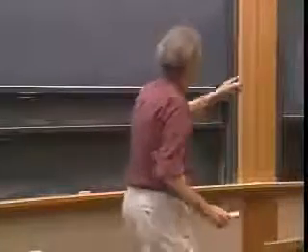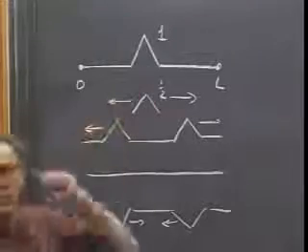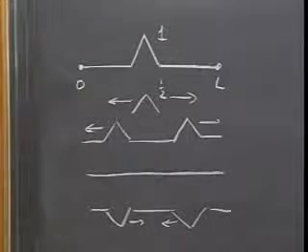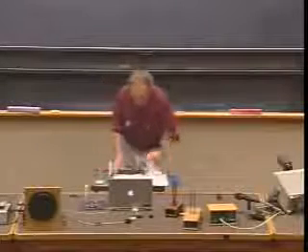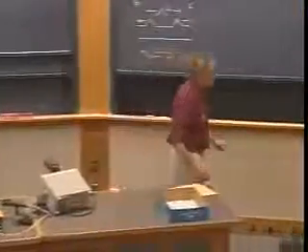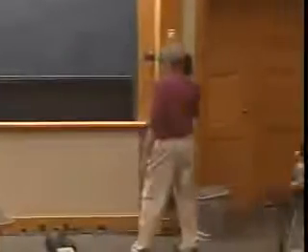Because of the symmetry of this problem, all even values of m will have 0 values of B, and you will be able to see that.